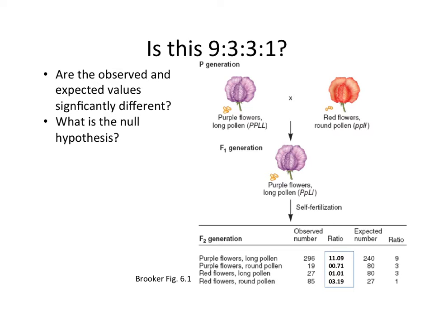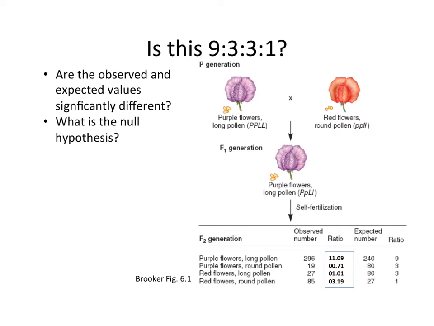We talked last class about Bateson and Punnett's data. They did just what I drew on the previous slide. They had a dihybrid, they selfed it, and they didn't observe the 9:3:3:1 ratio that was expected. Instead, they observed something like an 11 to 1 to 1 to 3 ratio, which we calculated last class.